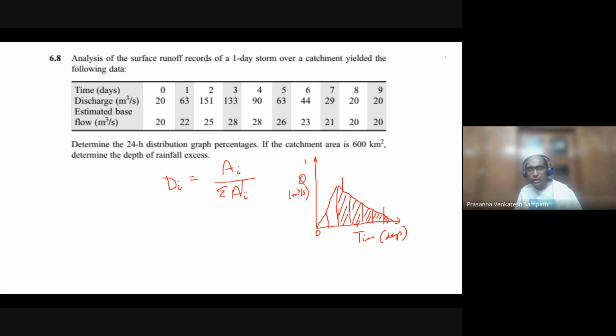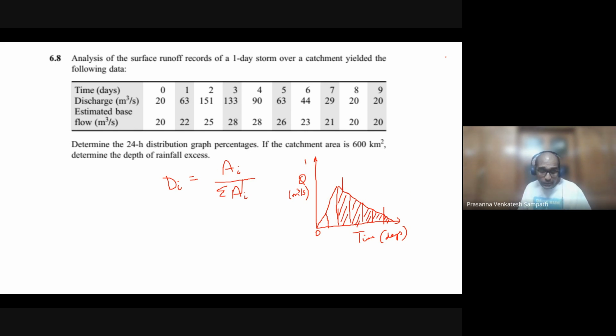So you would just take this area, whatever it is, divided by the total area under the curve. That will give the distribution graph percentage. Because remember, when I'm getting a percentage, both the numerator and the denominator must be in the same units, right? Only then they'll cancel out and you're left with a ratio which indicates the percentage produced in that particular duration.